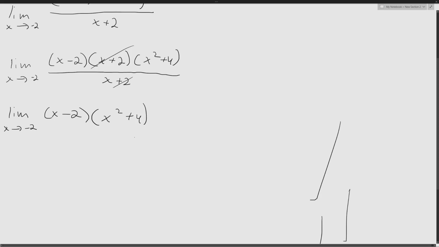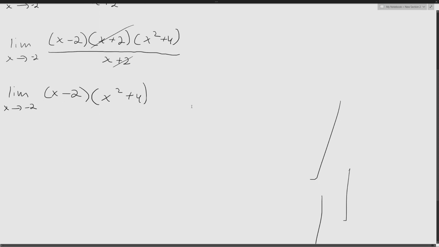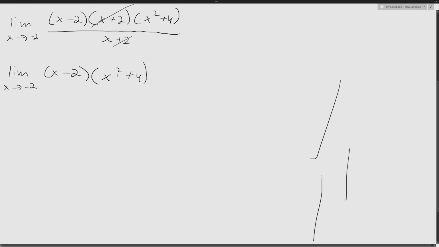However, since I do want us to practice using the different properties of limits, we will go more in depth with this. The first property that we know is, of course, f of x times g of x, and that would give us the limit as x approaches -2 of x minus 2, times the limit as x approaches -2 of x to the power of 2 plus 4.